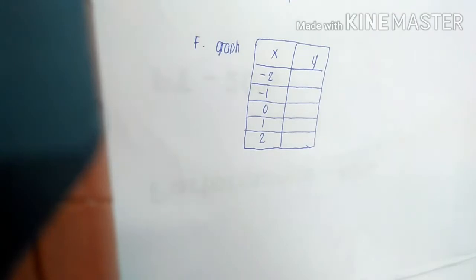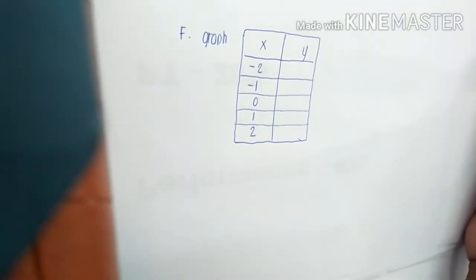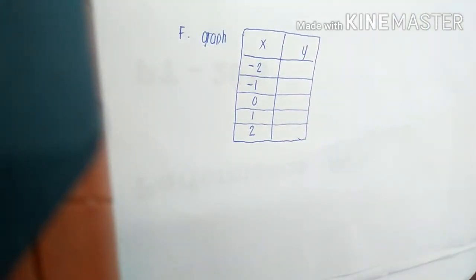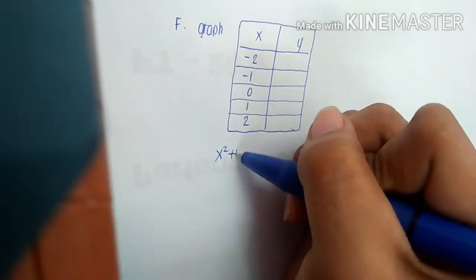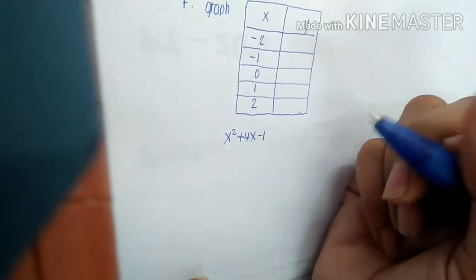Okay, and then after that, let's try to substitute into x squared plus 4x minus 1.